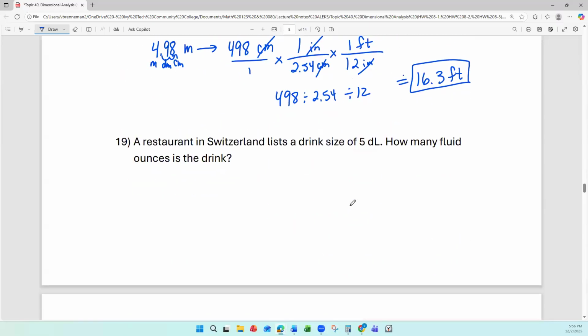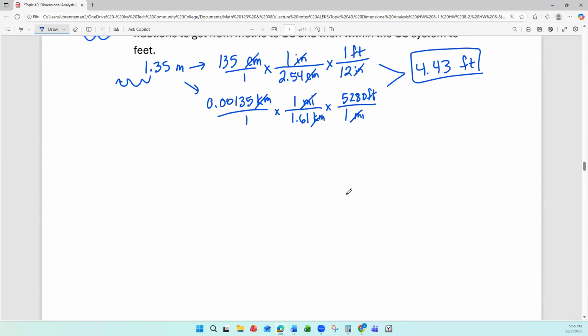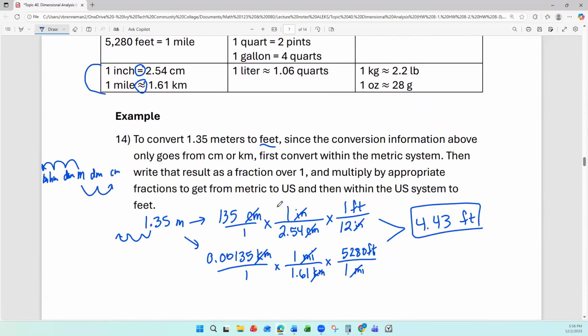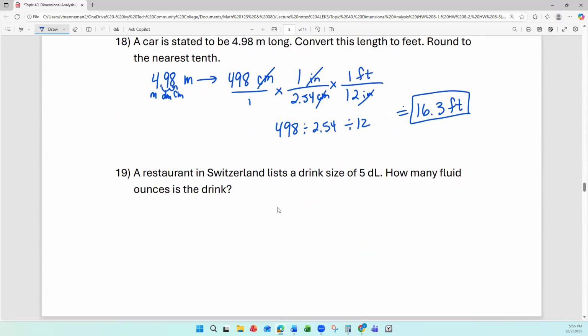Number 19, a drink of 5 deciliters. How many fluid ounces is that? So we have up here 1 liter is 1.06 quarts. So starting with the 5 deciliters, I'm going to convert within the metric system.